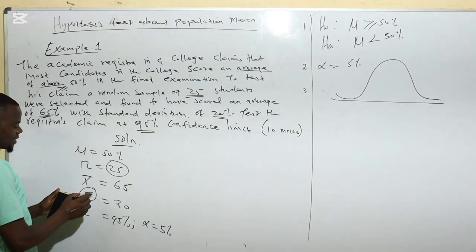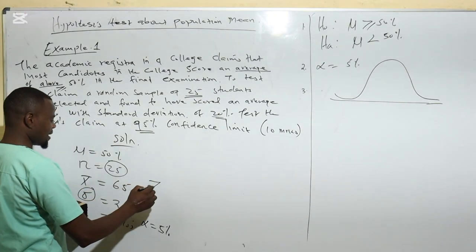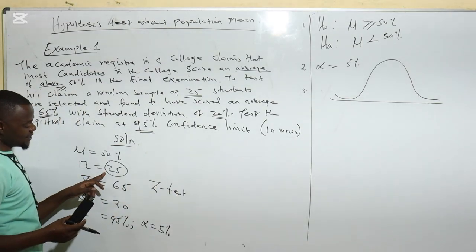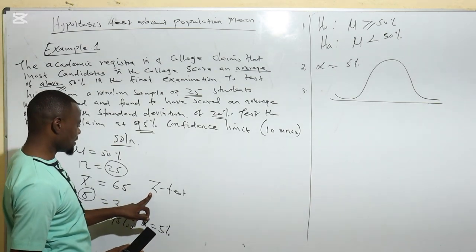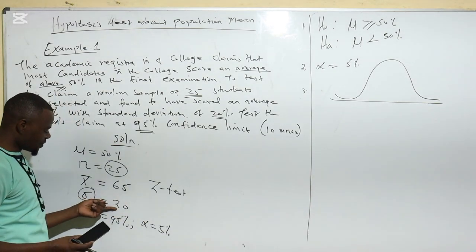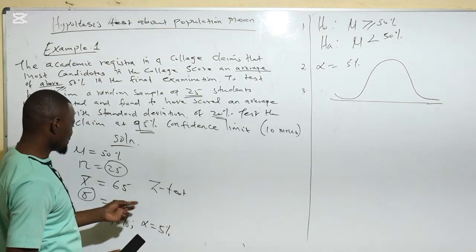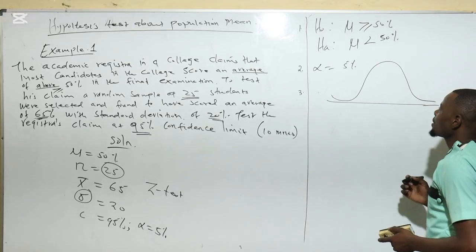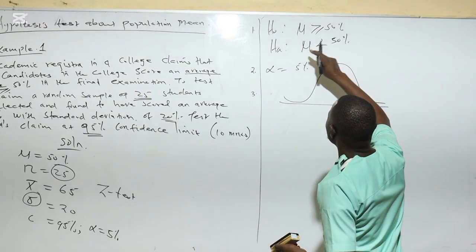So when the population standard deviation is known, then you have to use the Z test. Even though the sample size is less than 30, if the population standard deviation is known, you have to use the Z test. If this one was not known, then I have to use the T test. So this one, I just have to use the Z test.